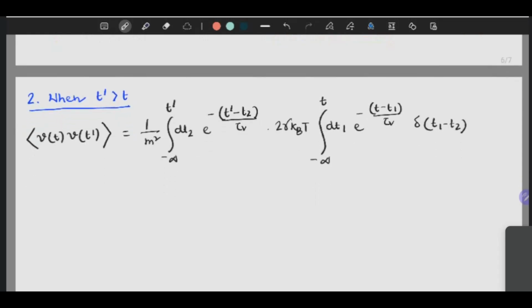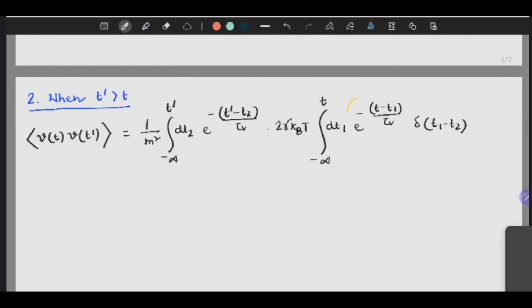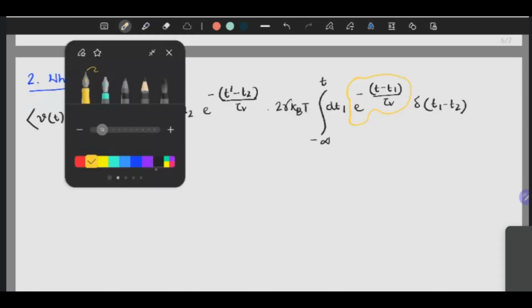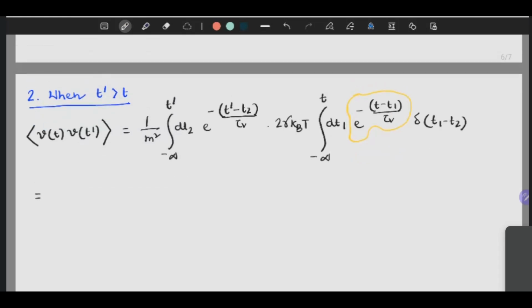So the only change will be this guy. t1 will be replaced by t2. So this is for this region, where this is minus infinity, this is t prime, and t in between.